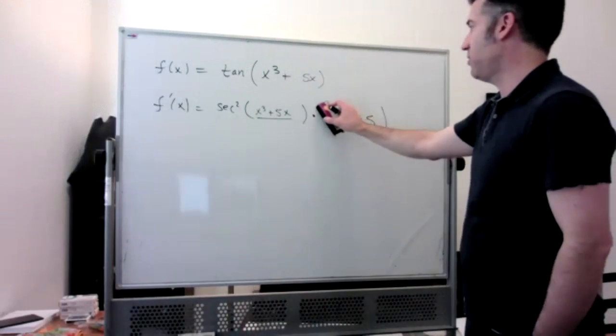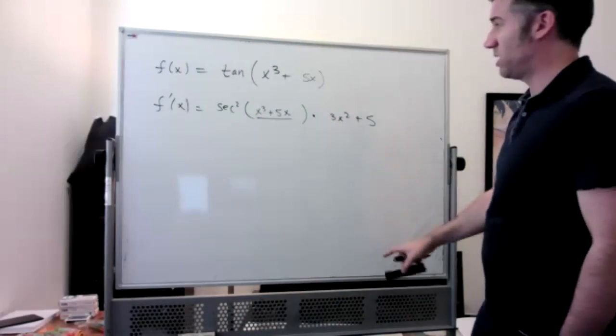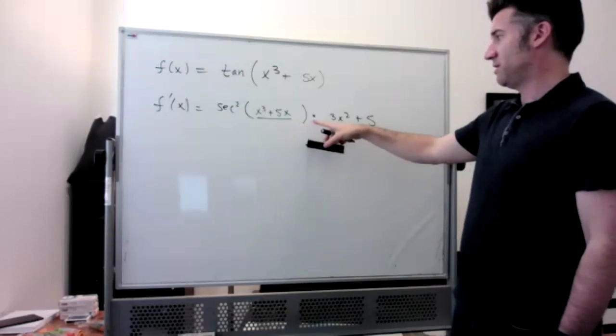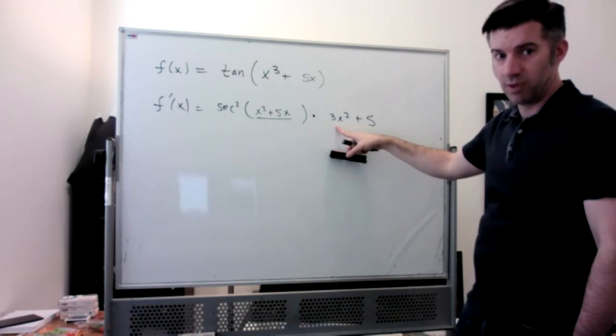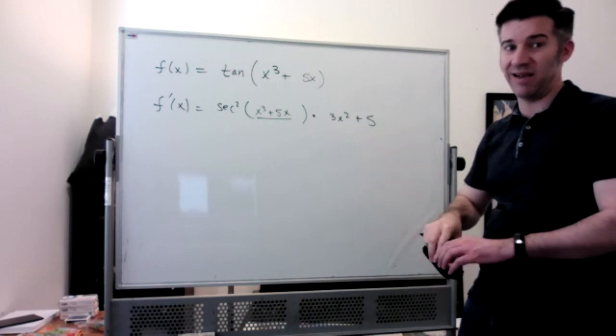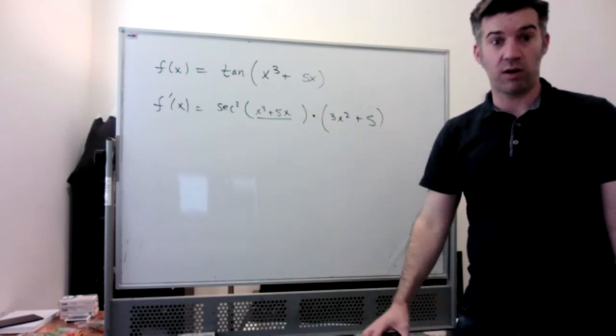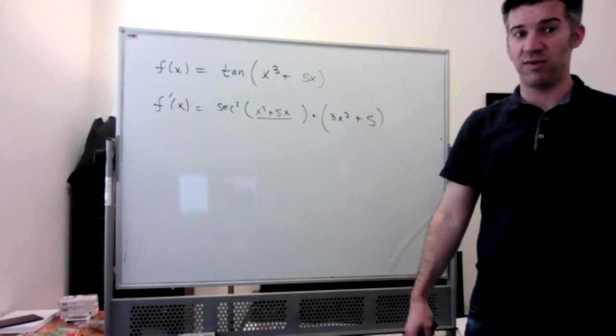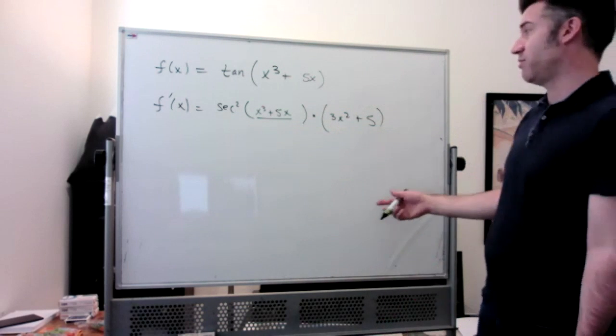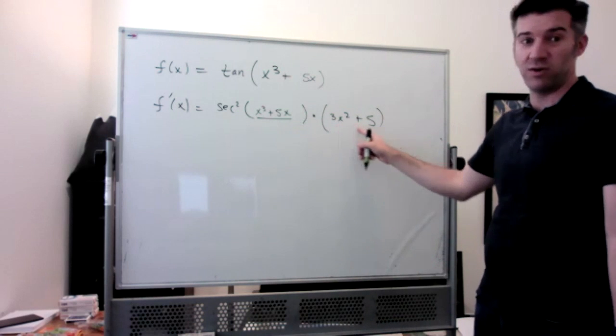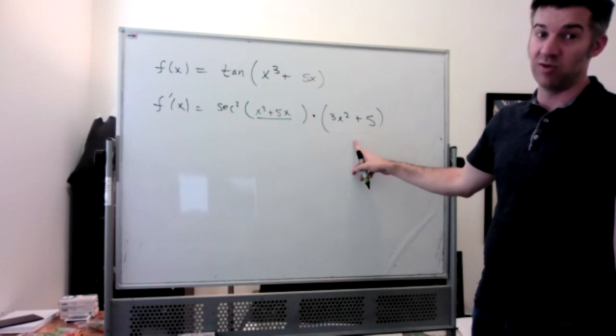If you write it without the parentheses, it looks like it's secant squared of this times 3x squared, plus 5. Whereas it's actually secant squared of this times all of 3x squared plus 5. So make sure you use your parentheses liberally. Whenever you're multiplying by something that has more than one term added or subtracted together, you probably should use parentheses.